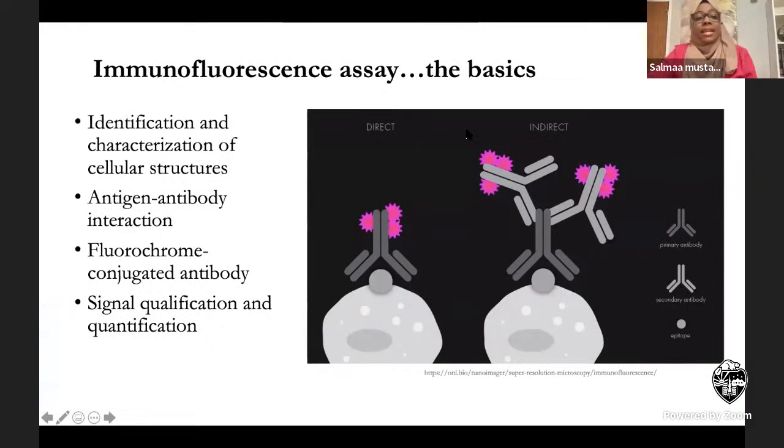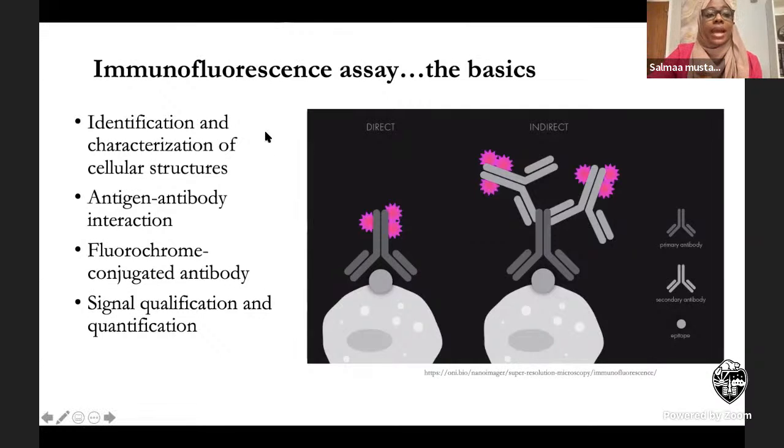So the basics, IFA. From now, I'll refer to immunofluorescence assay as IFA, okay? So just like I talked about the other time where I talked about flow cytometry, it's basically the same kind of process, okay? Antigen, antibody interaction, and then you get your signals.